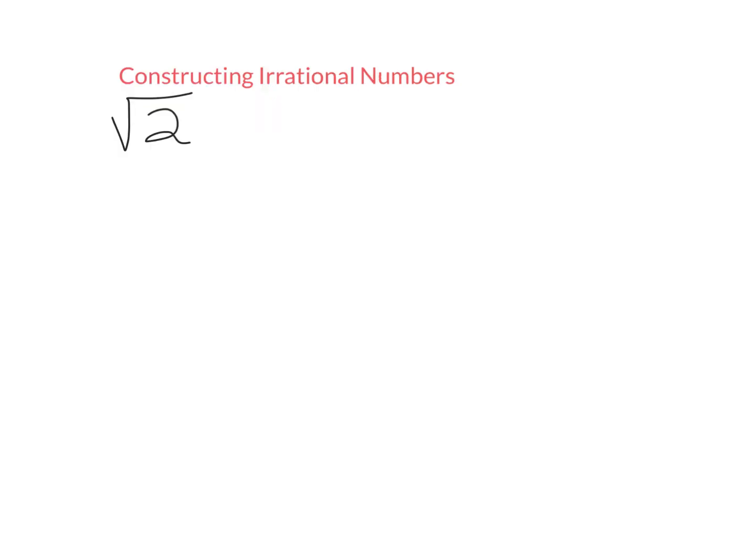So we're now going to show that the square root of 2 is a constructible number. Even though root 2 is clearly irrational, we can easily create a line segment whose length is exactly square root of 2. So the first one I'm going to show you involves Pythagoras. See, 2 is just 1 squared plus 1 squared.